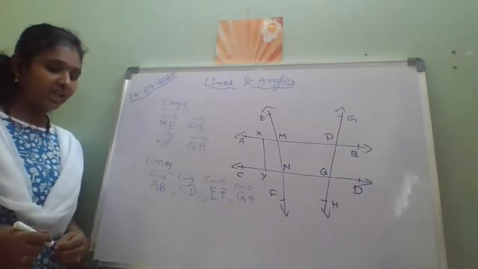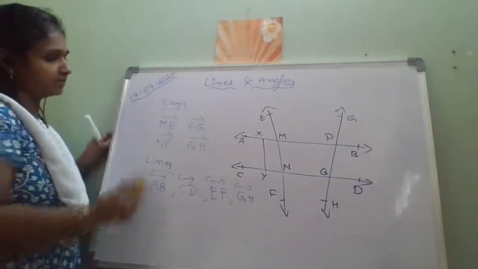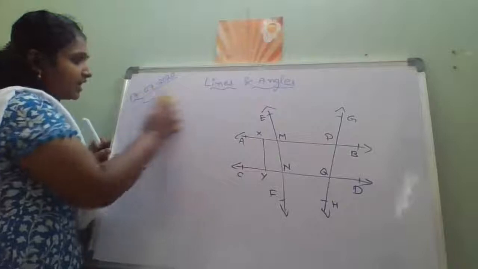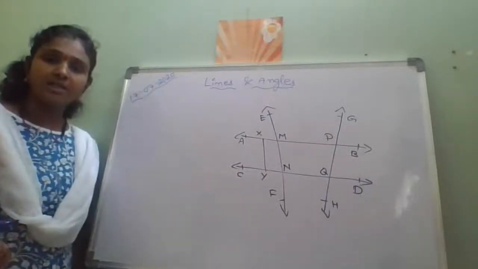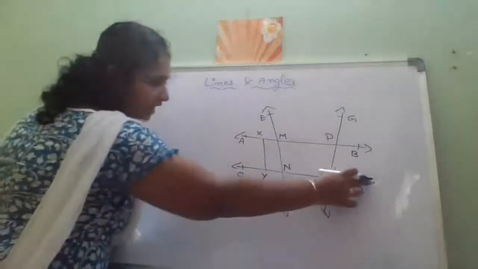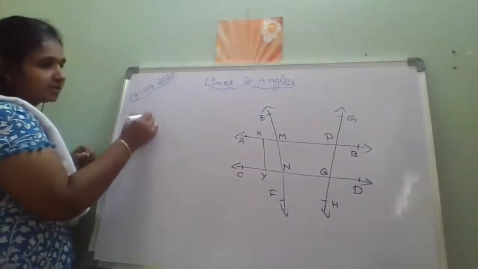Okay. Next, any four collinear points. Tell me any four collinear points. Collinear points means what? Points lie on a single line.